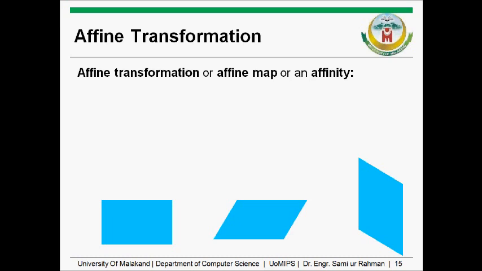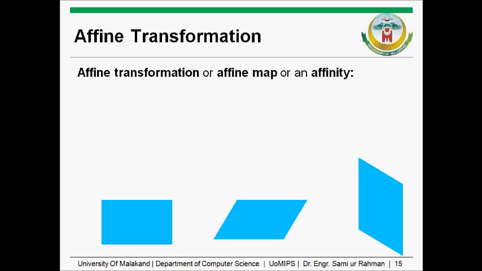Okay, but as we discussed, in scaling or in shear, the length doesn't remain the same. Okay, so in affine transformation, the shape of the object doesn't remain the same.